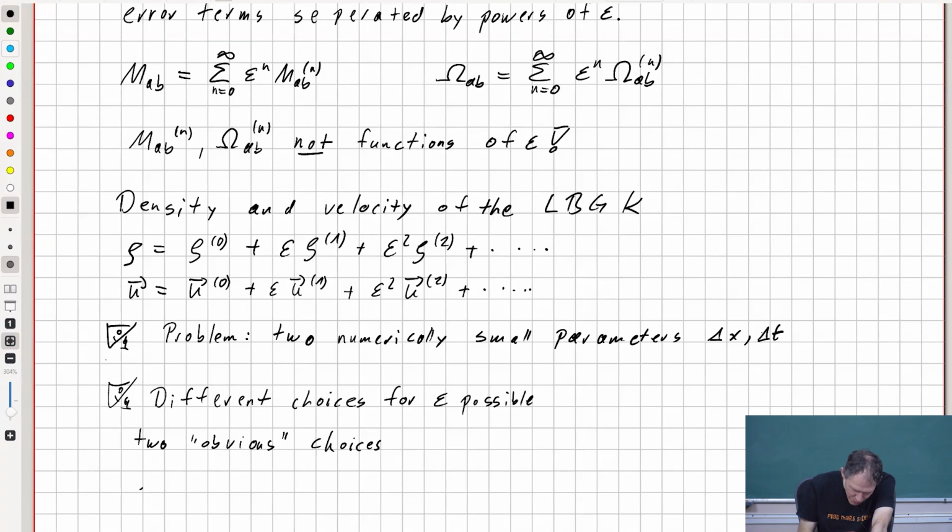So what is most obvious? Most obvious is that you say that delta x is equal to your smallness parameter and delta t is also proportional to your smallness parameter. Just saying that delta x and delta t cost the same, right? That would be one possibility. This has as a consequence that delta x divided by delta t would be independent of your smallness parameter. Is this good or bad?